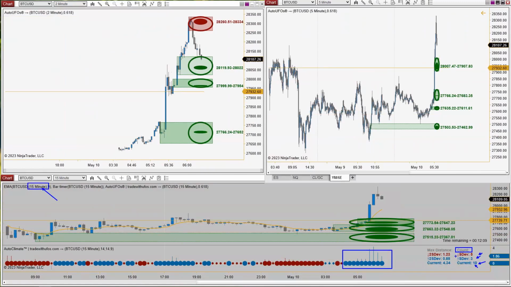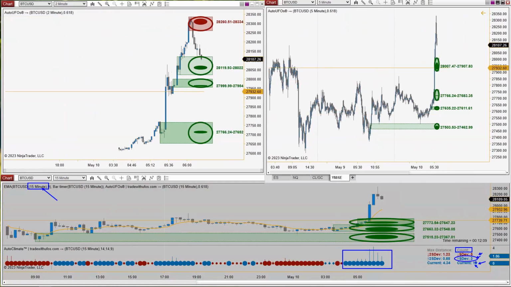The standard deviation, which is how many times this instrument typically goes up for, is 3. So we are well past the extension of this current climate. Therefore, our probabilities are in our favor to trade to the upside. However, they're not as high of a probability as if this was, let's say, on the second.